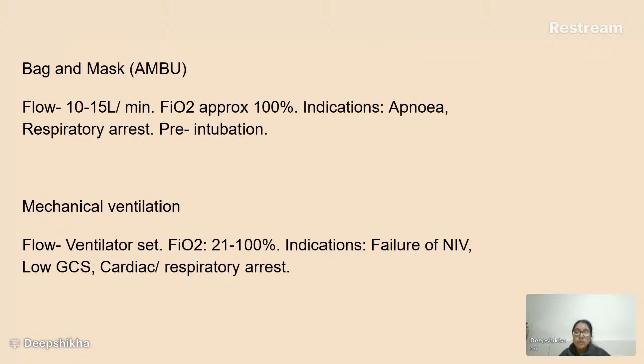The flow rate would be 10 to 15 liters, and FiO2 can be 100%. This is used in scenarios like apnea, respiratory arrest, and in the community as well, when somebody arrests and they've got respiratory arrest, so we give them ambulatory oxygen in the meantime.